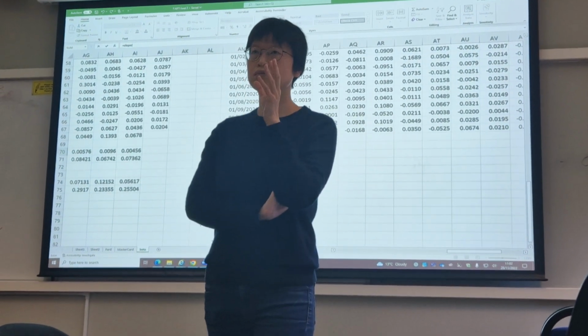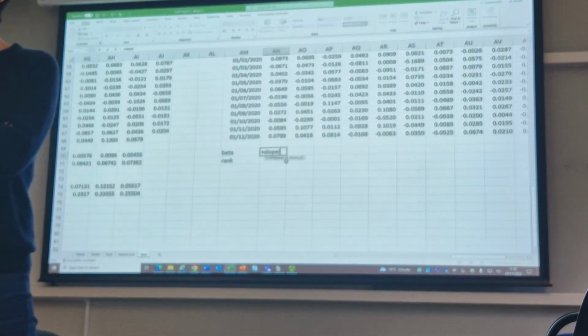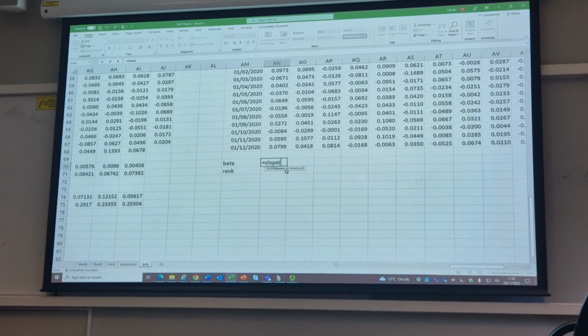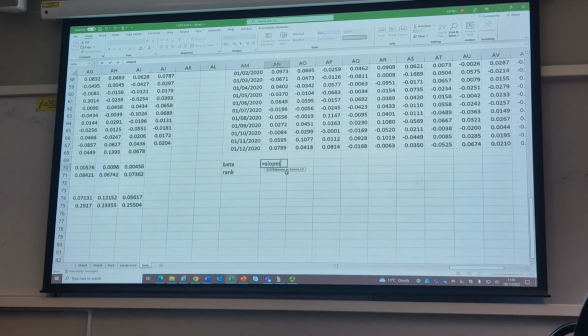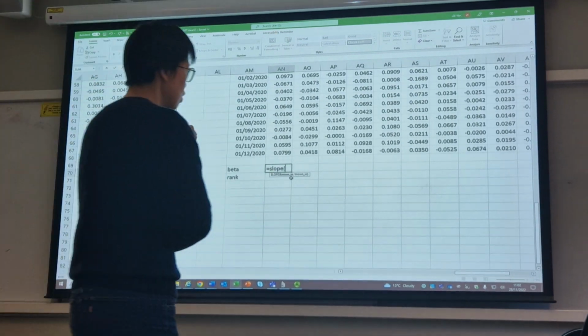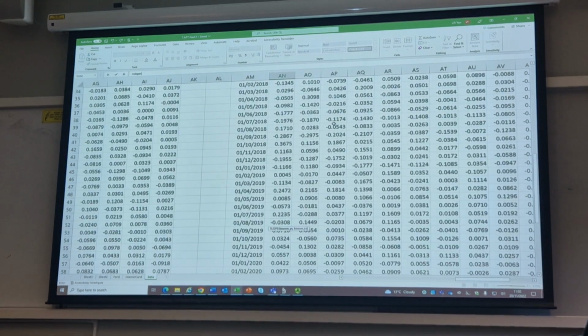The return of the stock changes given the change of the market. First, the market changes; it isn't affected by the change of the stock. Then when the market changes, the stock changes.